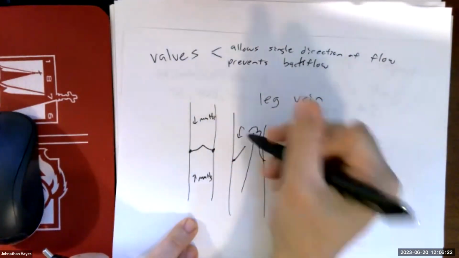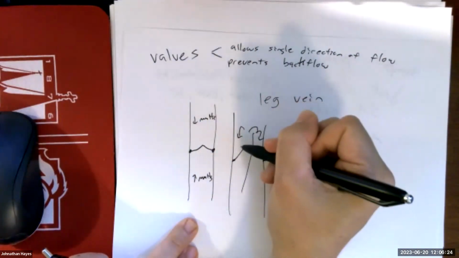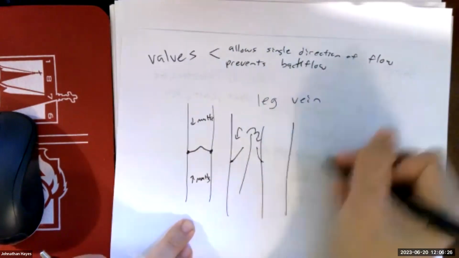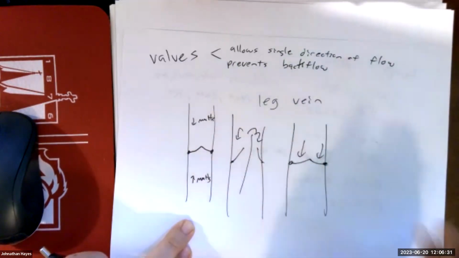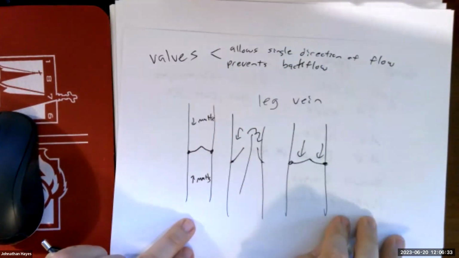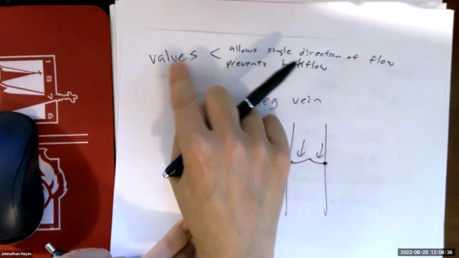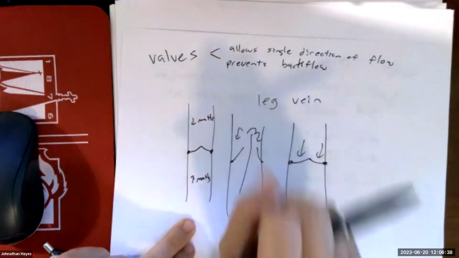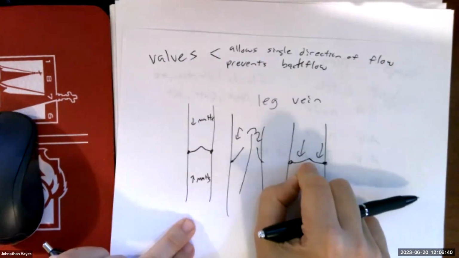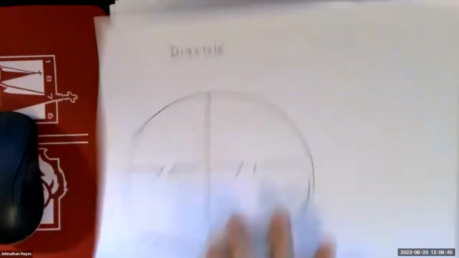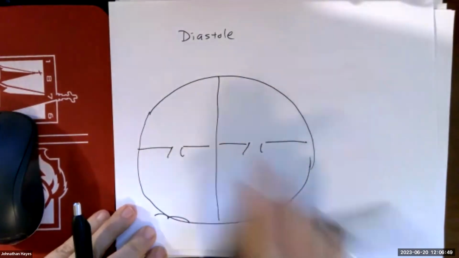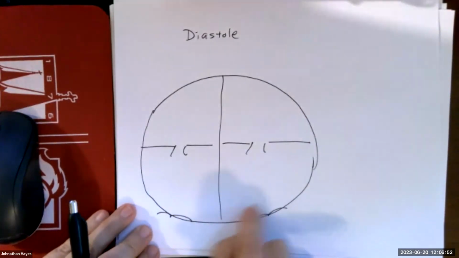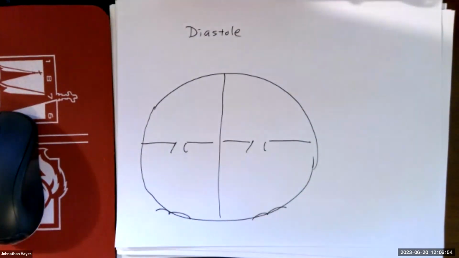Blood starts to push back down again, and this valve should then close, and that will prevent the backflow. So a valve has two functions. We need to allow a single direction of flow, so blood goes in the proper direction, and it should also prevent backflow. So when I'm drawing that picture in the heart, if the little leaflets are open like this, that means blood's going through, the valve is open. If the leaflets are closed like this, that just means it's a shut valve.